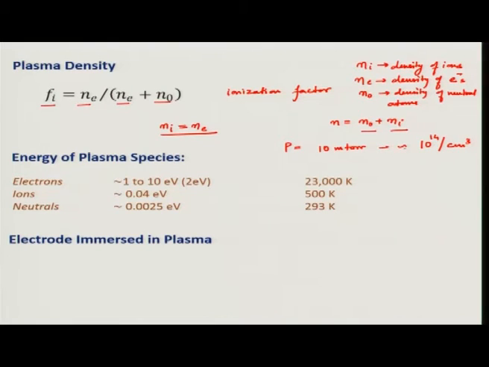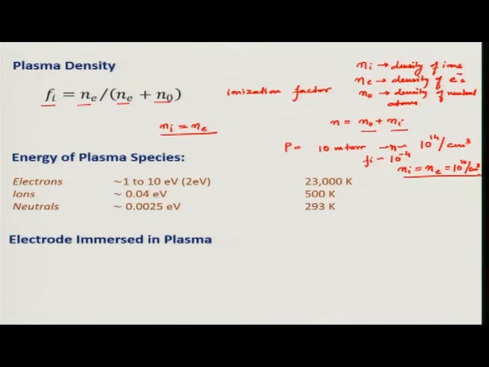This is the total N, and if for a given plasma Fi is of the order of 10 to the power minus 4, then we know that Ni is equal to Ne, which should be 10 to the power 10 per centimeter cube.